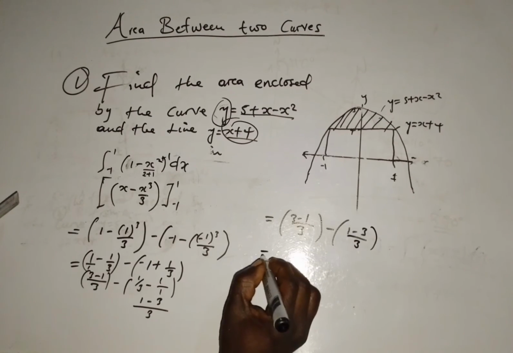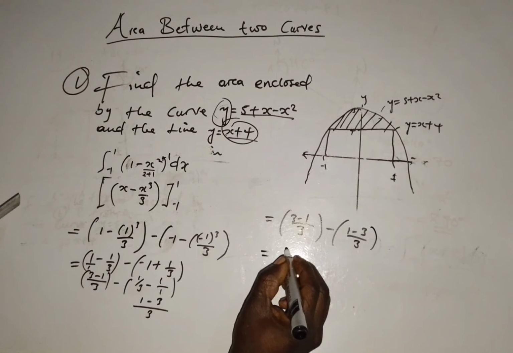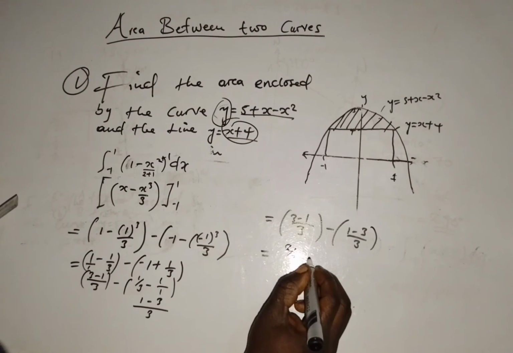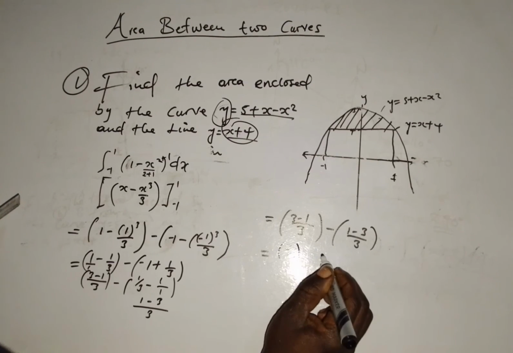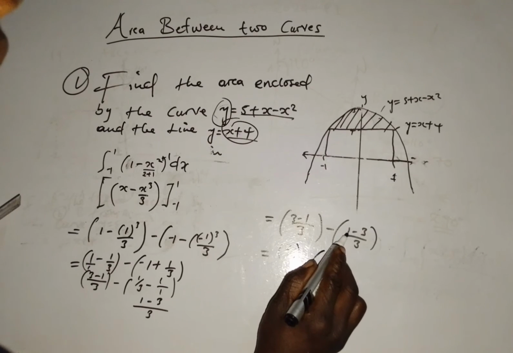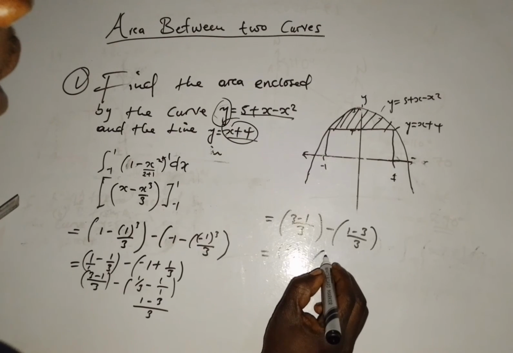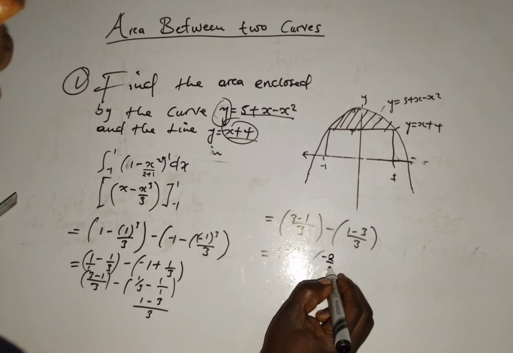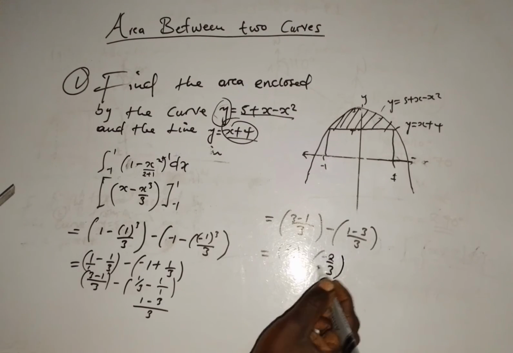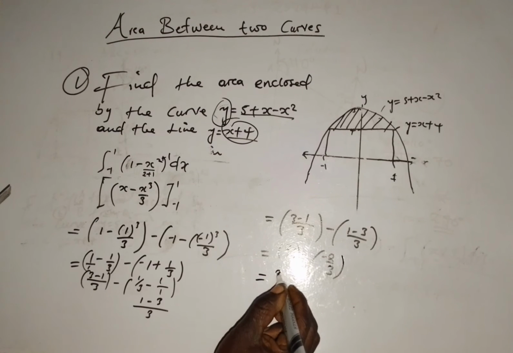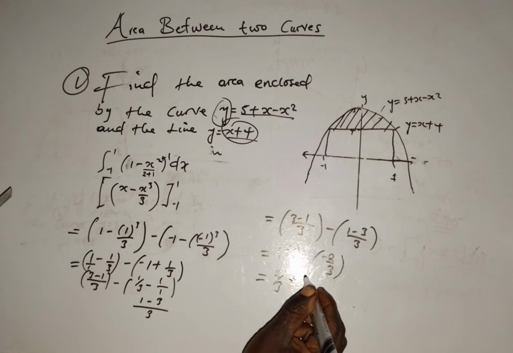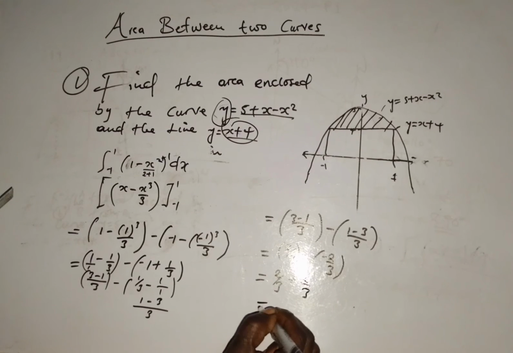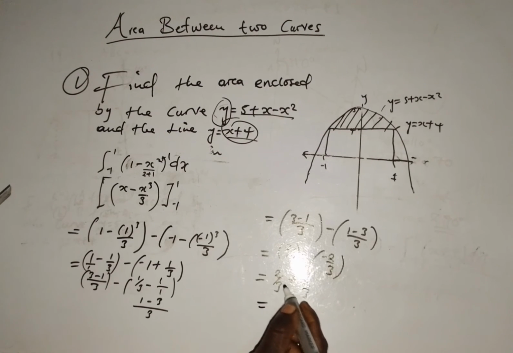Okay, in which it will be equal to 3 minus 1, which is 2 over 3, then minus open bracket 1 minus 3, which is negative 2 over 3. Negative times negative is positive, so it will be equal to 2 over 3, then plus 2 over 3.